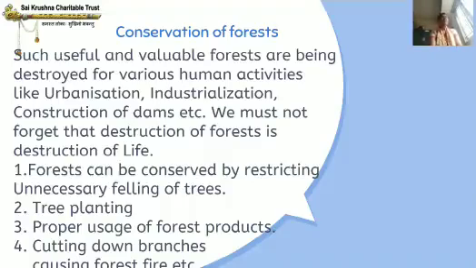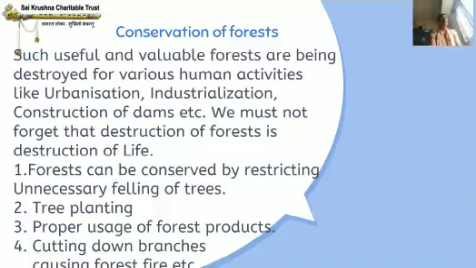Tree planting, proper usage of forest products, cutting down branches, causing forest fire, etc. Useful and valuable forests are destroyed by humans for various activities like urbanization and industrialization and even for the construction of dams.